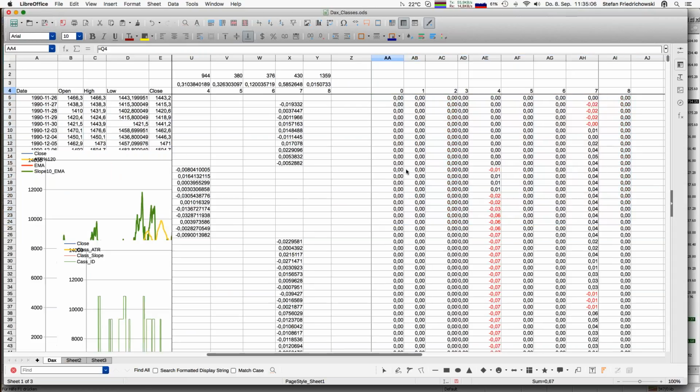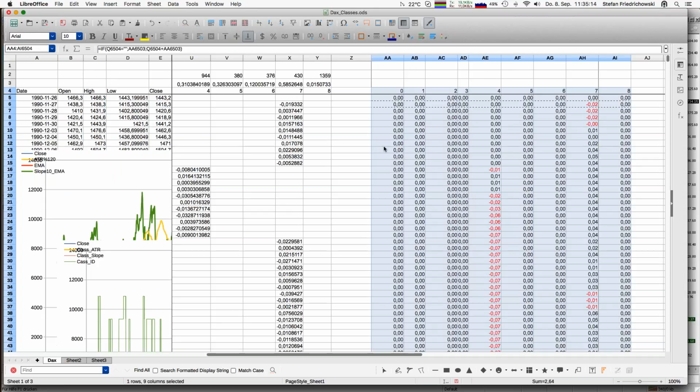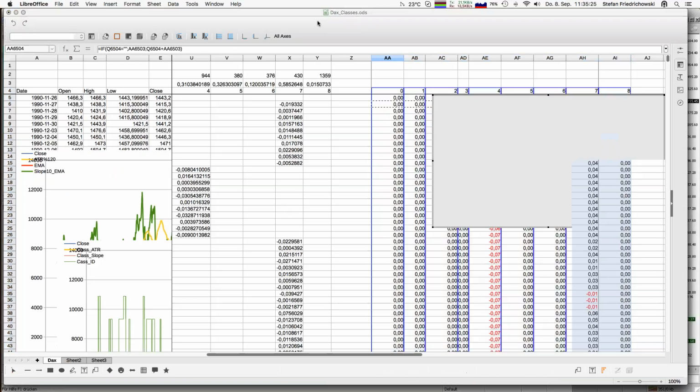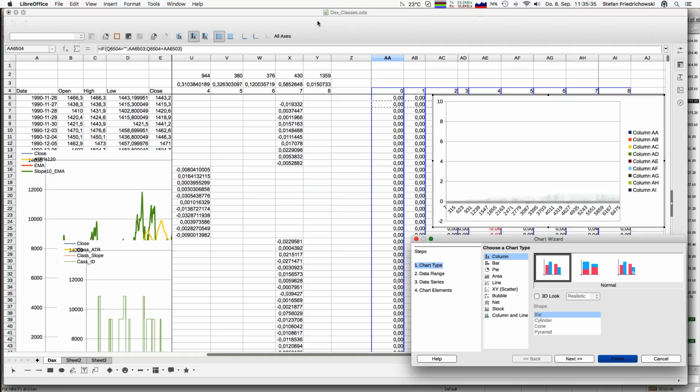And we have something like an equity curve, let's call it that way, for all our classes. That means if we plot them, then we will have charts for every class, showing how the summation, the adding up process of all those values, looks over time.